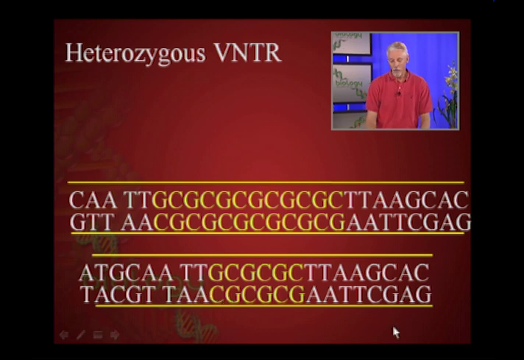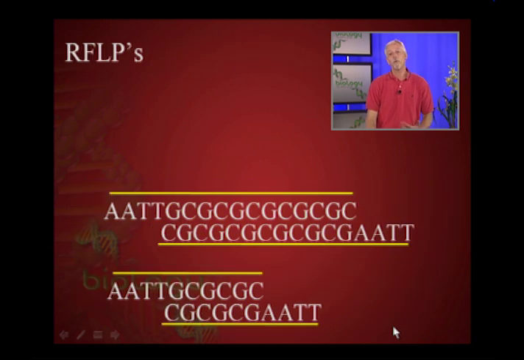If we target that VNTR with a restriction enzyme that cuts on either side, that will also produce RFLPs. But in this case, notice that if a person is heterozygous, it will produce fragments of different lengths. Now again, when we start to separate these out in a couple of minutes, that will be significant. So one individual is homozygous, producing fragments of equal length. One individual is heterozygous, which will produce RFLPs of different lengths. So that's an important concept to keep in mind.